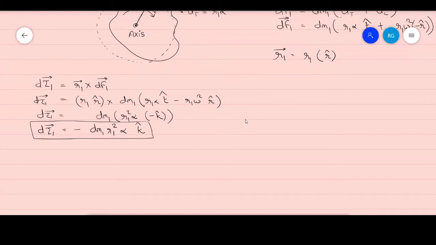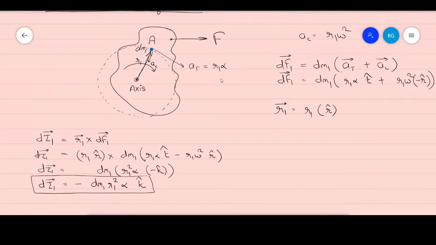In a similar manner, if I take another particle 2 whose mass is dm2 and which is at a distance r2 from the axis, the torque on the second particle will be minus dm2 r2 square alpha k cap.